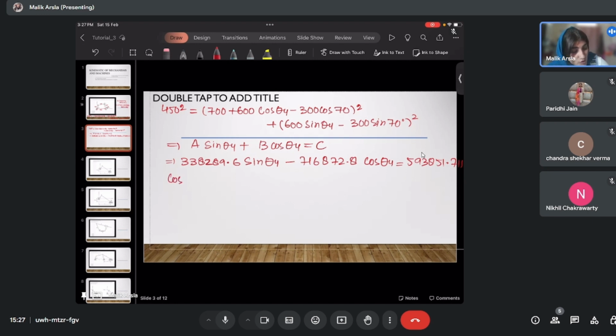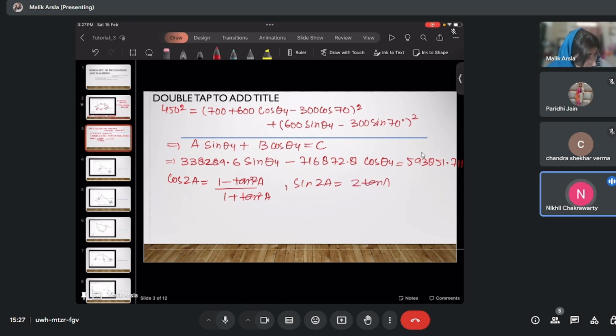We know that cos 2a is equal to what? 1 minus tan square a upon 1 plus tan square a. What is sine 2a equal to? Ma'am, 2 tan a upon 1 plus tan square a. Yeah, correct, right? Now here it is sine theta 4. So let us consider a is equal to what? Theta 4 by 2.